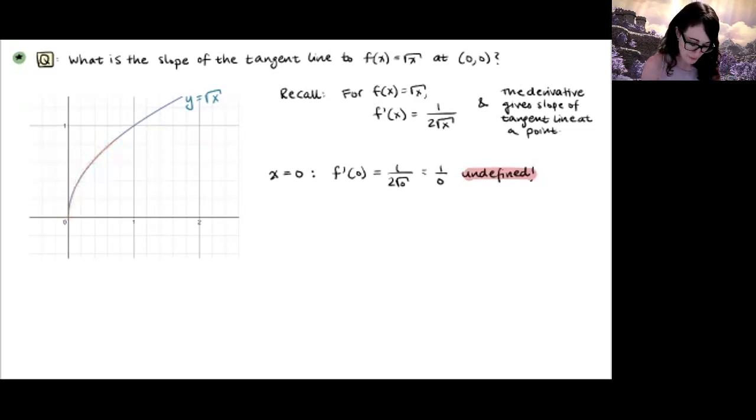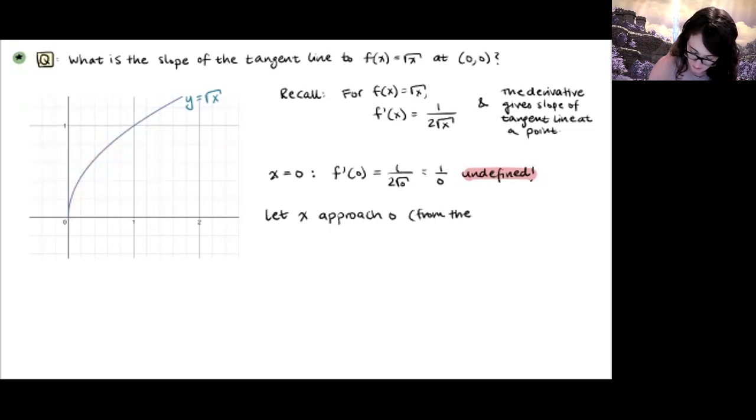So the slopes may be becoming larger. Let's see what happens as we let x approach 0 from the right-hand side. Just because of the domain of the function, we only want to take positive x values.